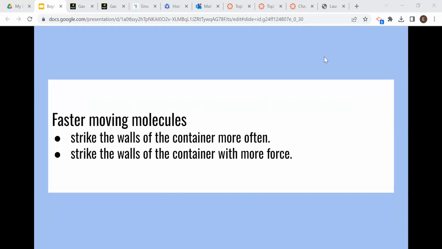Faster moving molecules strike the walls of the container more often and with more force. So when the temperature increases, the molecules are moving faster, and there'll be more force on the walls of the container.